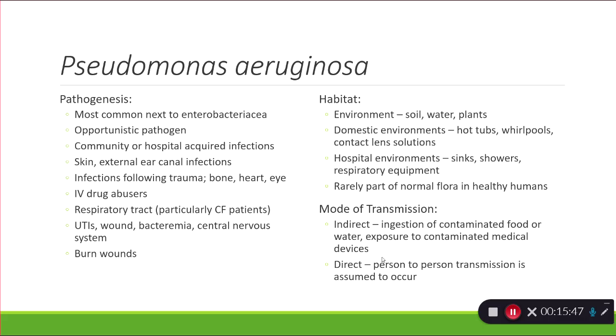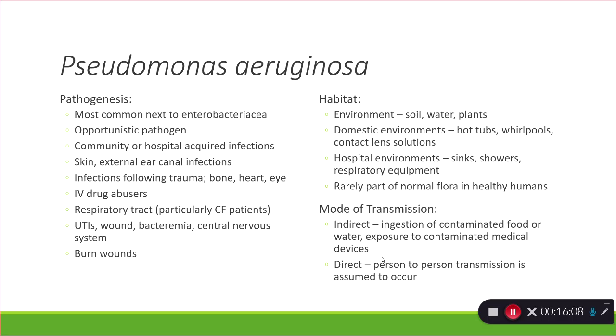Infections can follow trauma, bone, heart, and eye damage. Can be found in IV drug users. Can be found in the respiratory tract of those cystic fibrosis patients we just talked about. It can cause UTIs, wound bacteremia, and central nervous system issues, and it's a problem with burn wounds as well.